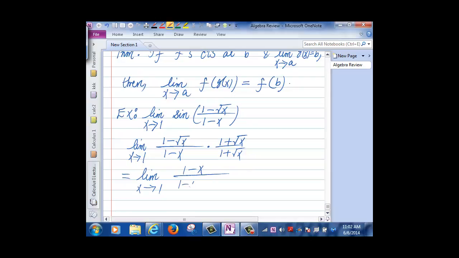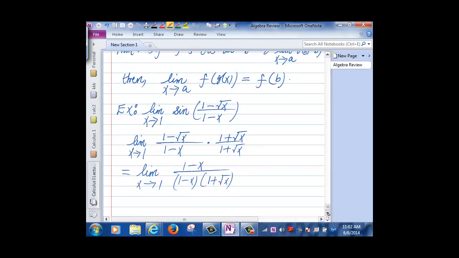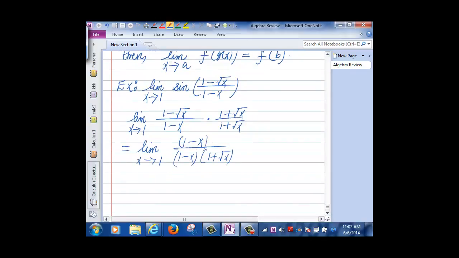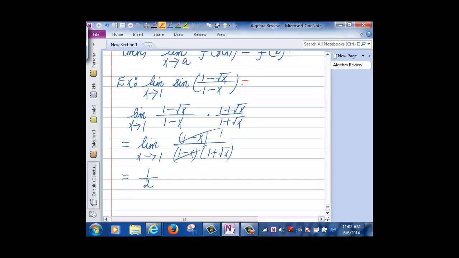Here I get (1 minus x) times (1 plus root x). And then 1 minus x cancels out. I get a 1 over 1 plus root x, and then when I plug in 1, I get what? 1 over 2. So then the limit of the original limit is what?